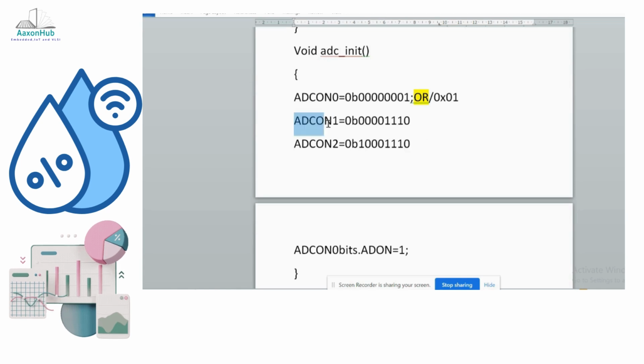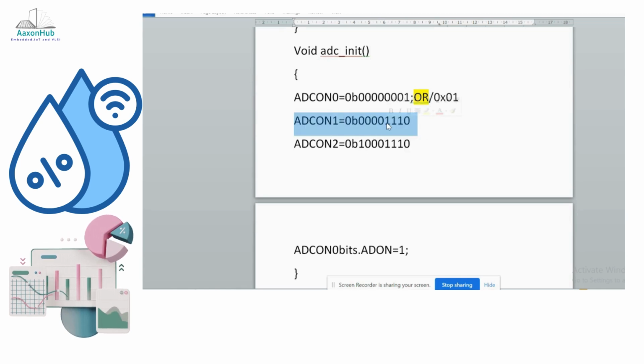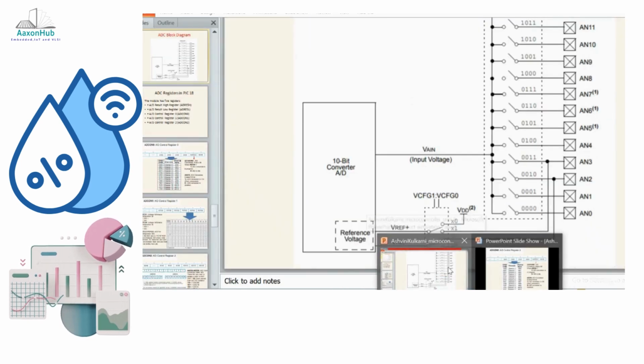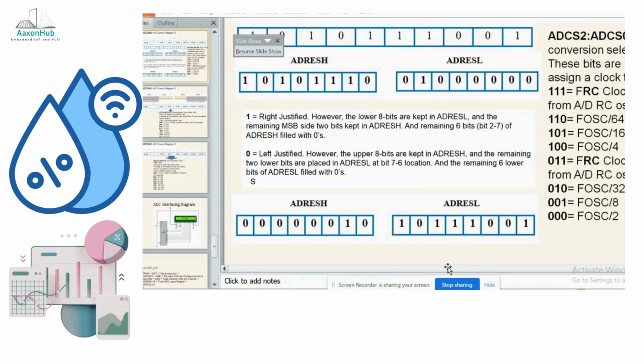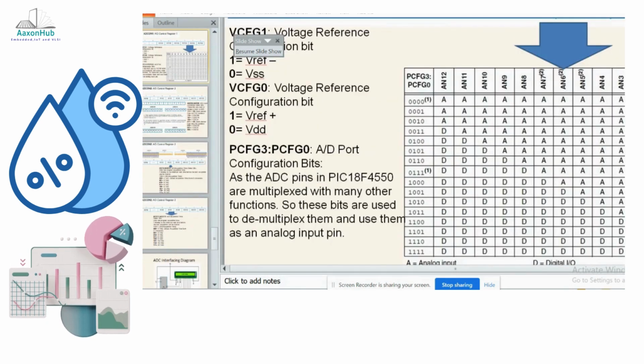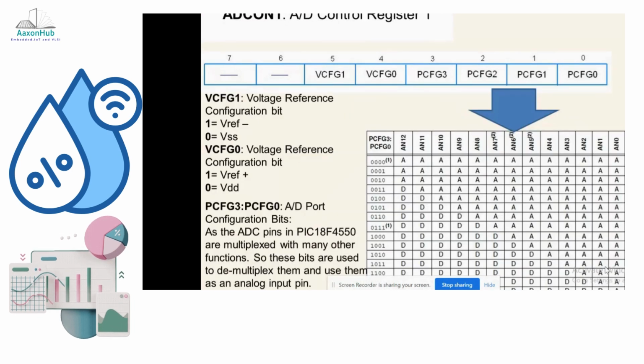Then the control setting for the ADCON1 register. So this ADCON1 register is nothing but the condition for setting all the channels. So as per this particular condition, these channels will be considered as you are taking AN0.